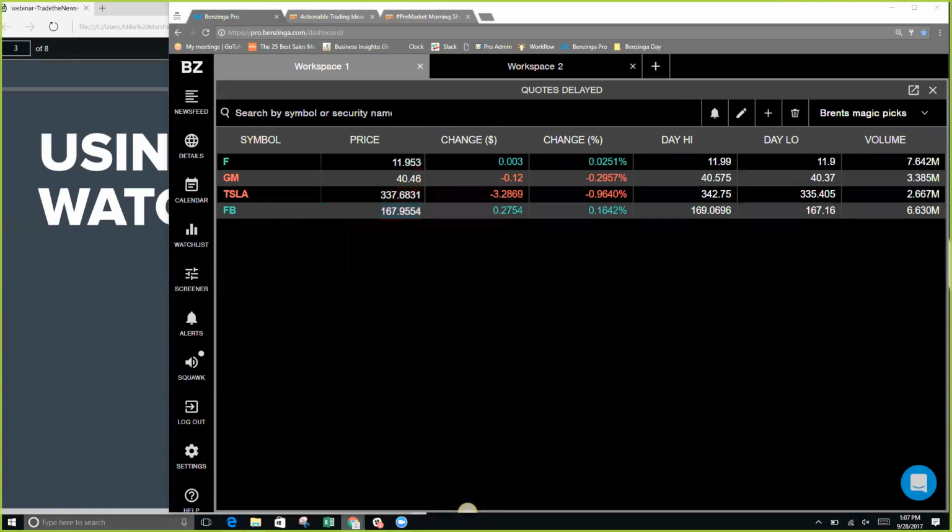If you have a news feed open, if you have your platform open, have your watch list up in a little tiny window, and you can watch those ticks as they're happening. And what I would recommend is if you see some dramatic price action, that's your signal to go try to find what the news is. That's your signal to pull up a news widget on Benzinga Pro. That's your signal to start doing your research on your own.